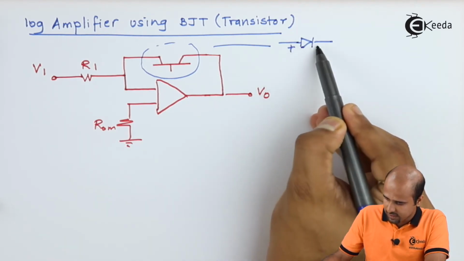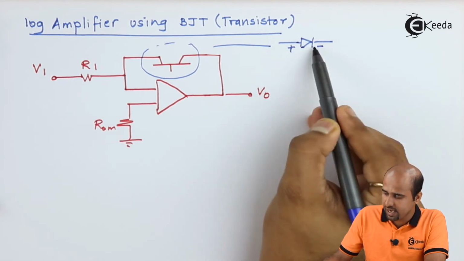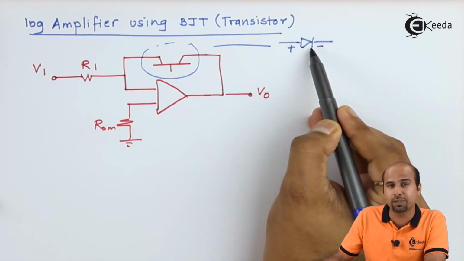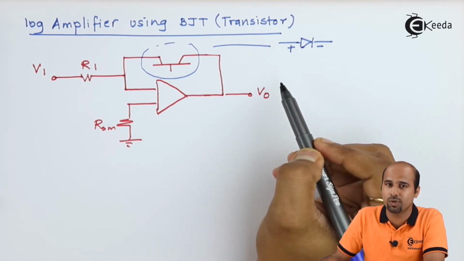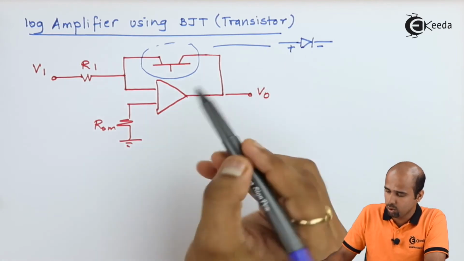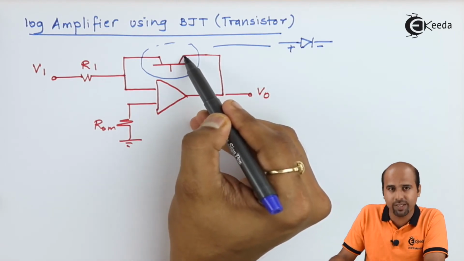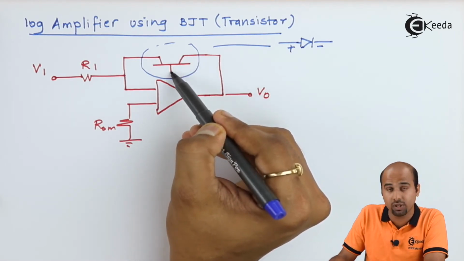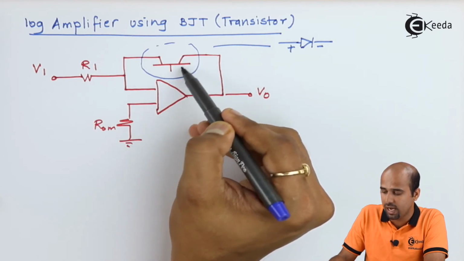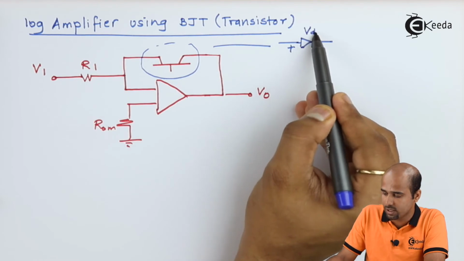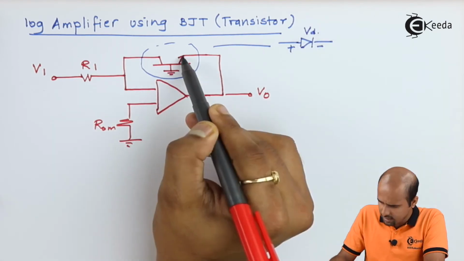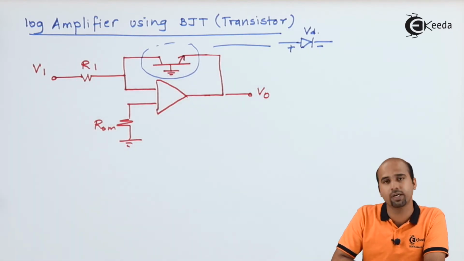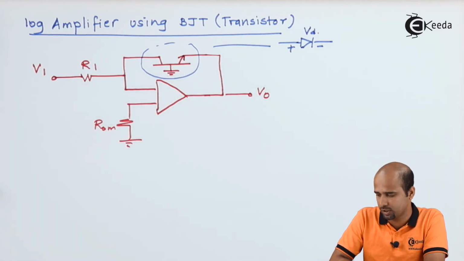This is positive, this is negative, and this diode configuration we will be getting in B to E, and that is why we are using VBE equal to 0.7. So we can take this as emitter terminal and this as base terminal, such that we will be getting the value of VBE as a positive value, same as that of your VD. We will apply ground and we will apply emitter to this terminal.